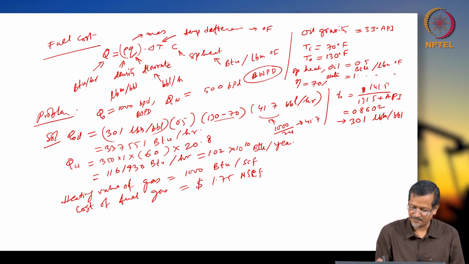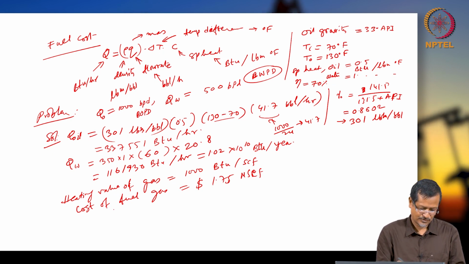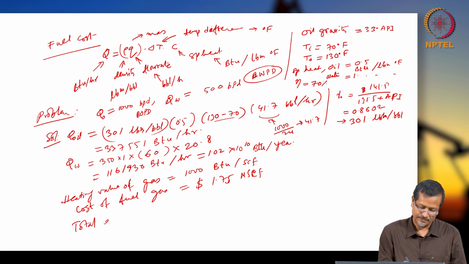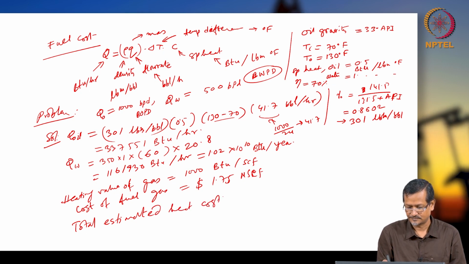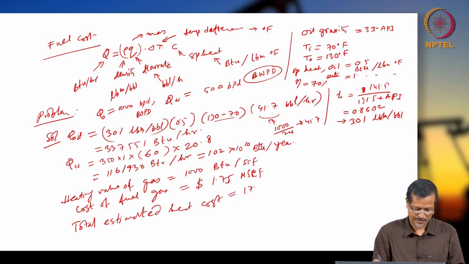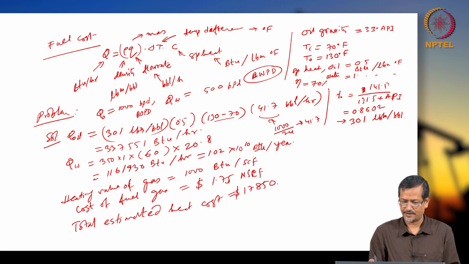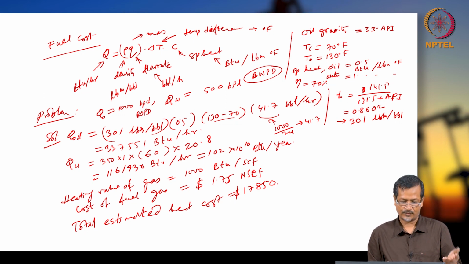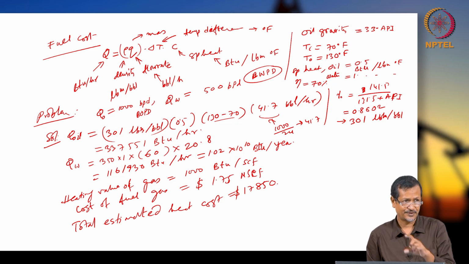I don't know if the same price is still there. So the total estimated heat cost will be $17,850. So you can calculate and you can get this much money. Later we will see how the electrostatic treater will help to reduce this cost.